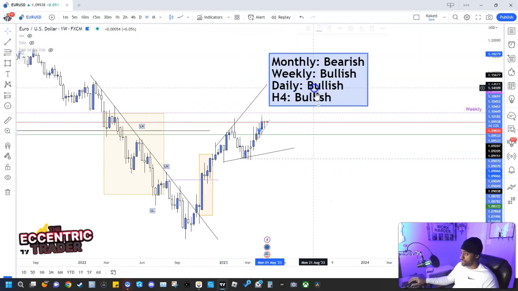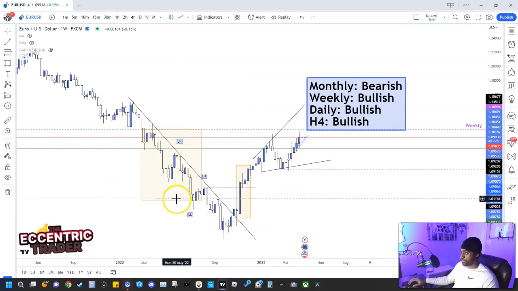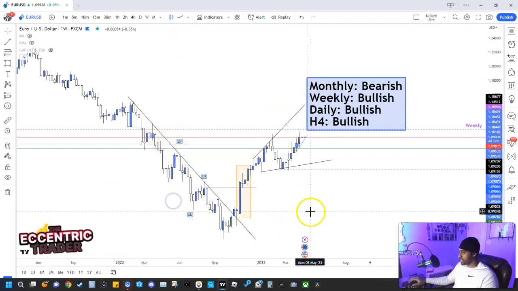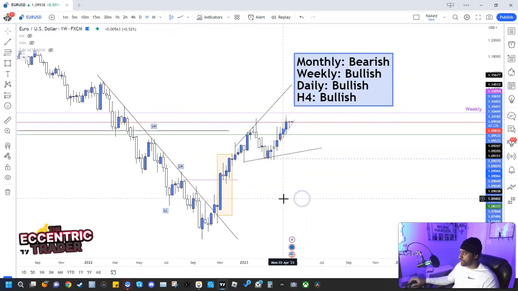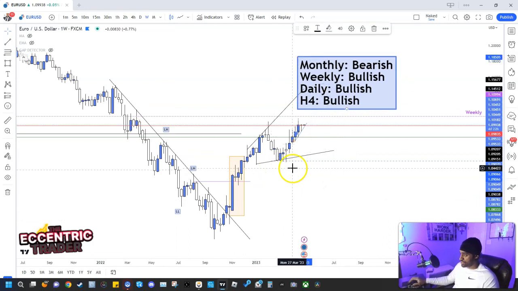Now the weekly time frame is bullish. I know I sound robotic, but you got to be robotic when you're trading. How do you identify the downtrend? A downtrend is a series of lower highs and lower lows, right?